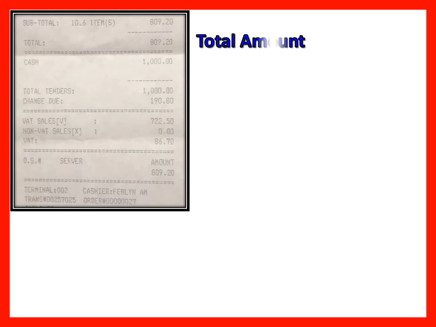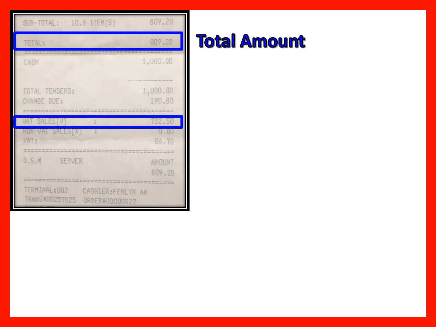So we have the total amount. It's 809 pesos and 20 centavos. Another one, we have the VAT sales, which is 722 pesos and 50 centavos. It is called the VATable amount or VAT sales.